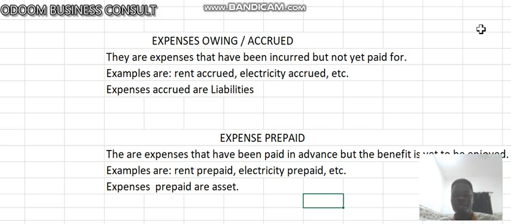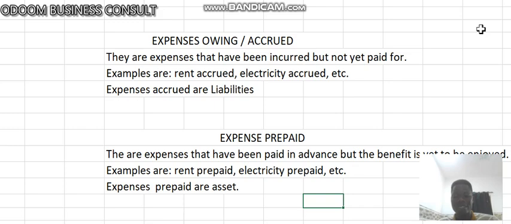Let's take for instance, you are renting a particular building for your business activities, which can be your office, or it can be a warehouse for the entity. If you have utilized that premises for, let's say, a month or a year without paying the landlord, then we say that it is rent accrued or rent owings.